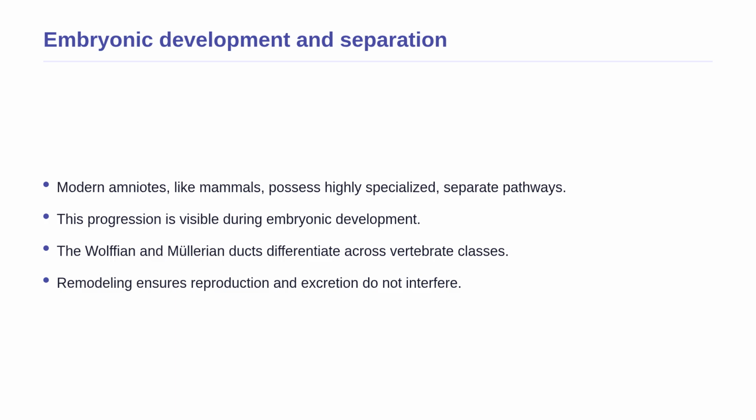During embryonic development, nature essentially remodels the plumbing. Ultimately, this evolutionary remodeling ensures that reproduction and excretion can occur simultaneously without interfering with one another. This separation is a massive evolutionary leap forward.